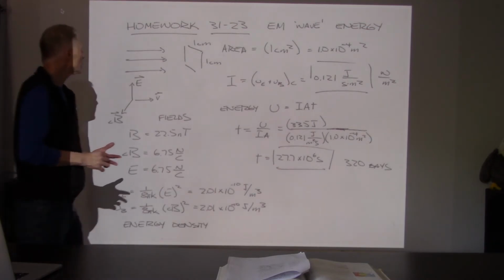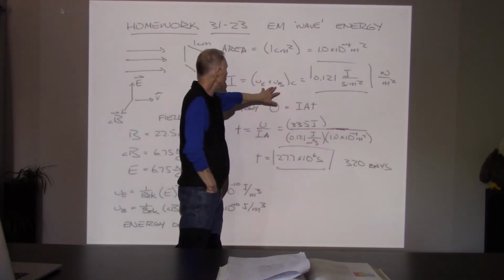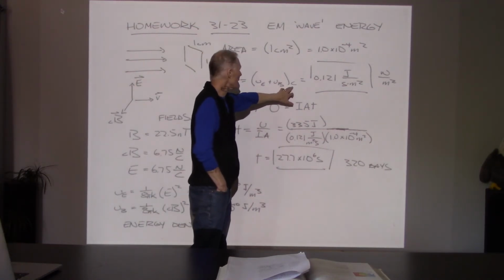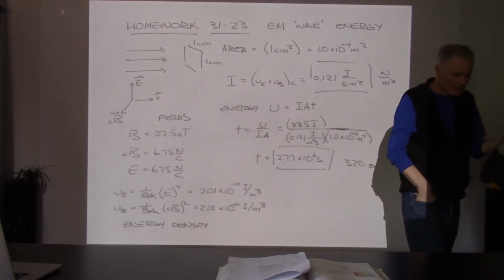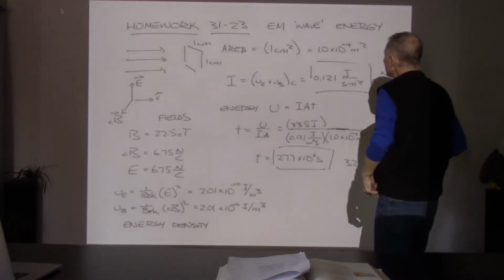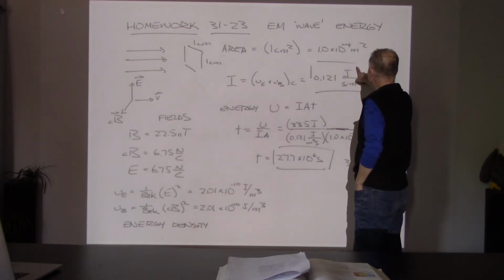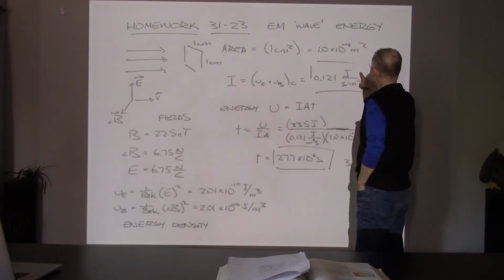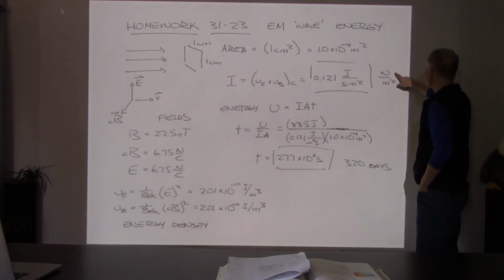and that's a pretty tiny number. Now to get the intensity, and this is something that we had derived back in class, I take the energy densities, combine them, multiply by c, and it turns out that this EM wave, this propagating electromagnetic field, has an intensity of 0.121 joules per second per square meter, which is the same thing as watts per square meter.